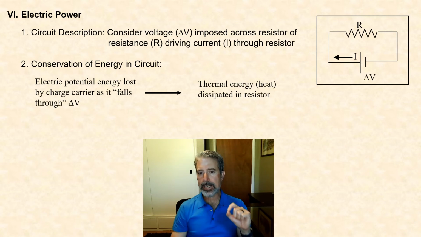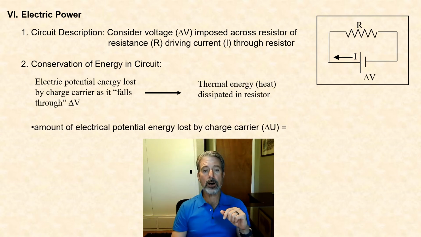That would be the heat that is dissipated by this resistor. I realize that this is only one form of energy, but it is a very common one that we see in all circuits.